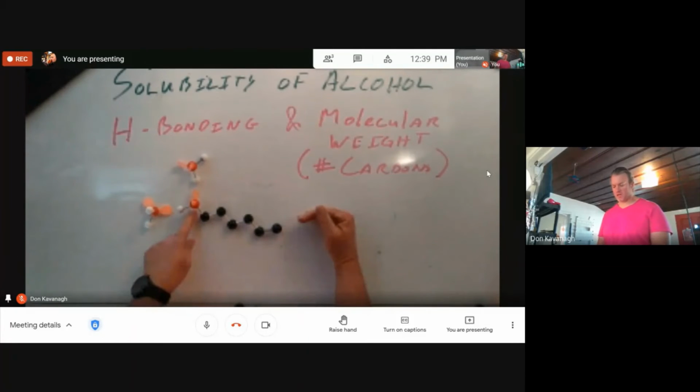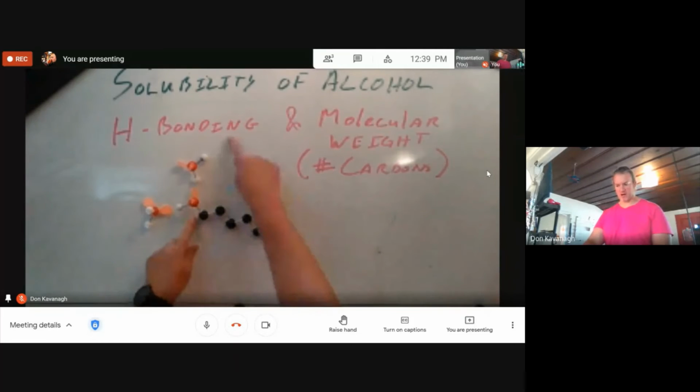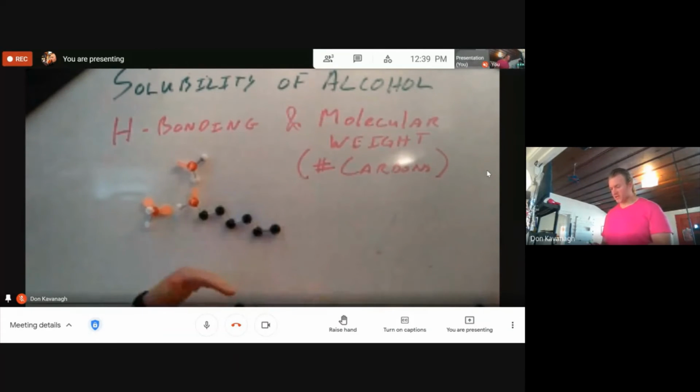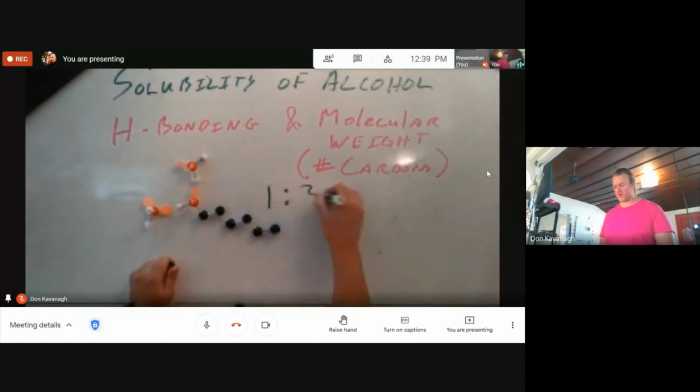It has too many carbons with too few hydrogen bonding opportunities. It's out of ratio. Now, a ratio is about 1 to 3. For every 1 alcohol group, 3 carbons, it should dissolve.